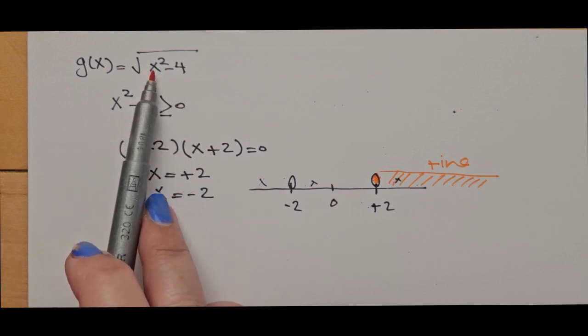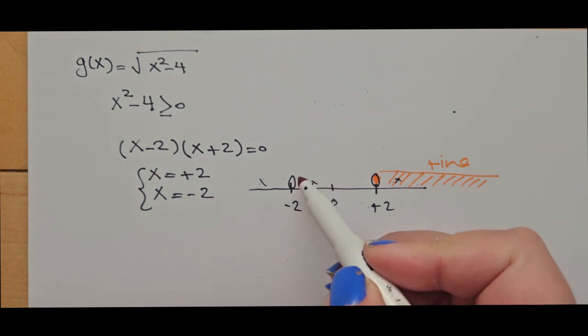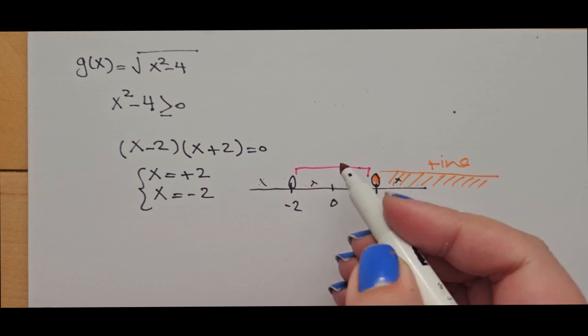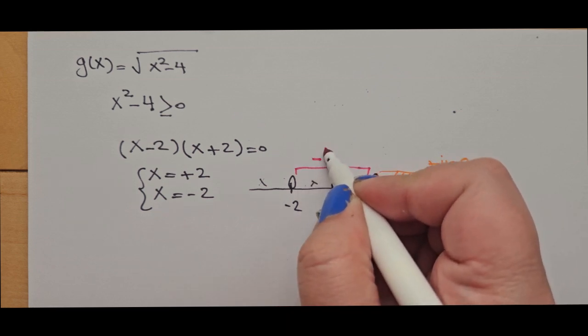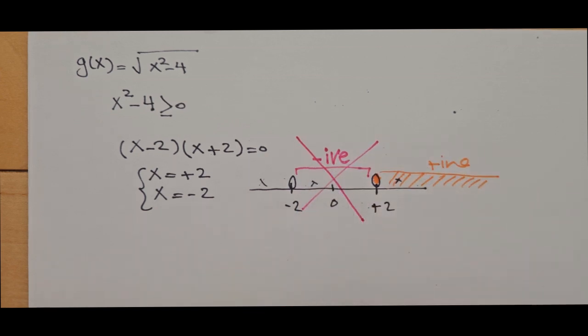If I plug in 0, that would be -4, which is not acceptable for us. Remember, guys, we are looking only for values which make the square root argument non-negative. So here in this area, whatever we put would be negative, and it is not the acceptable area.